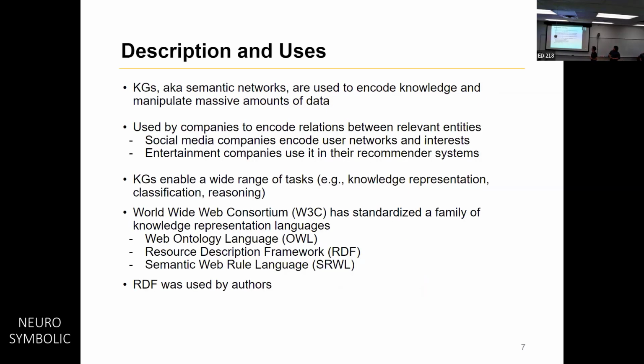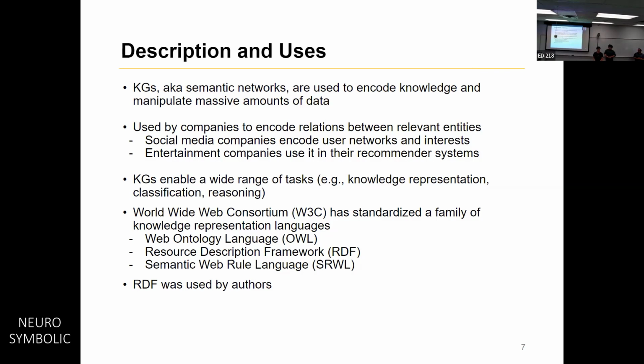And now we have the introduction of knowledge graphs. A knowledge graph, also known as a semantic network, is usually used to encode knowledge and manipulate massive amounts of data. Knowledge graphs are generally used by companies to encode relationships between their relevant entities.